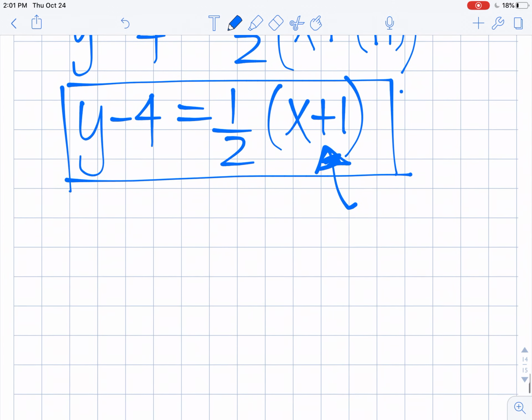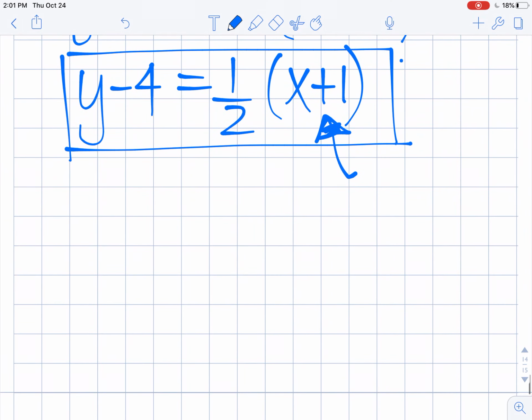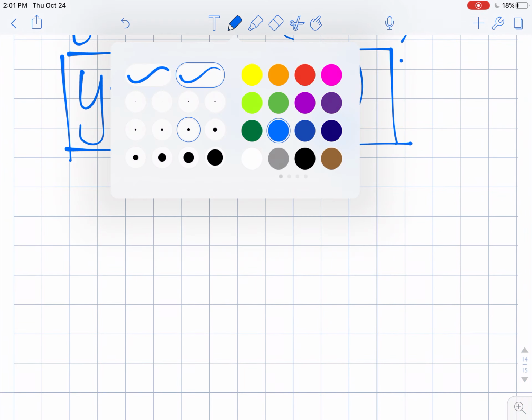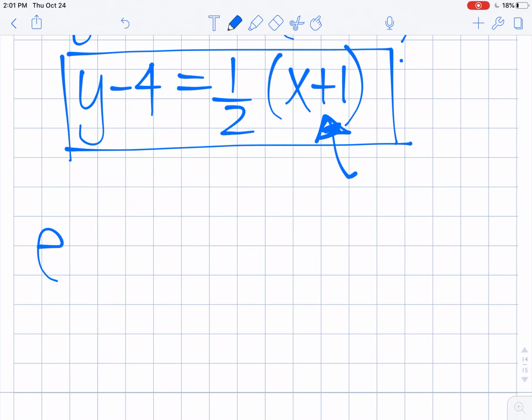Okay. Now, let's move on. Example number 3. If I make it a little bit harder, now I need to write an equation of a line that passes through 2 points. So I have to be able to find the slope of a line. So we're going to use these points.